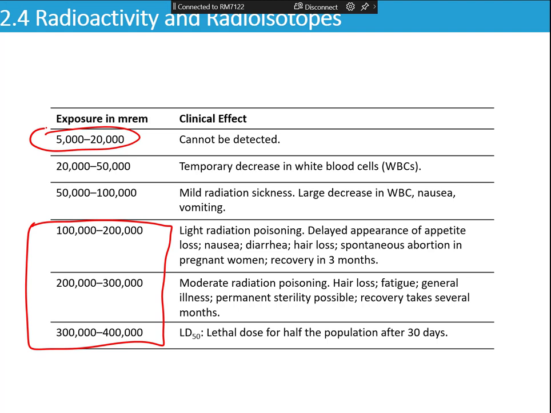You're exposed to some gamma rays, which come from the sun. There are cosmic rays and other rays that carry this energy. You can't put a lead shield over your head all the time, but for most people it doesn't end up causing issues. But higher levels can cause mild and then more serious types of radiation poisoning.